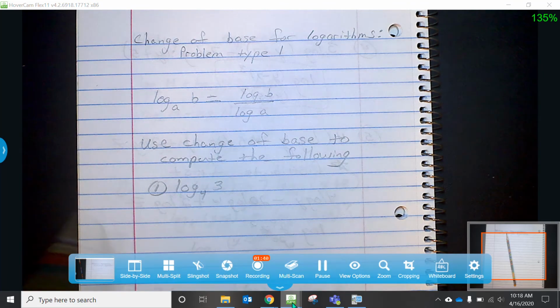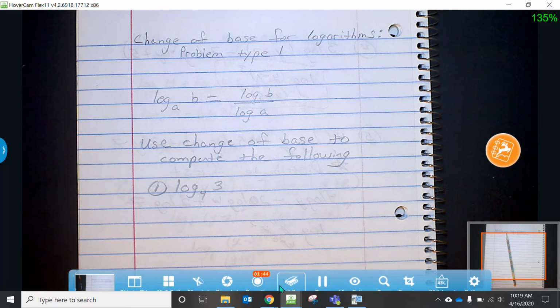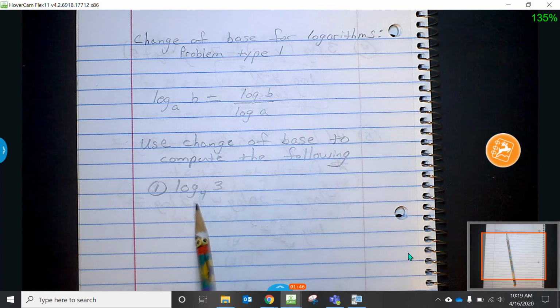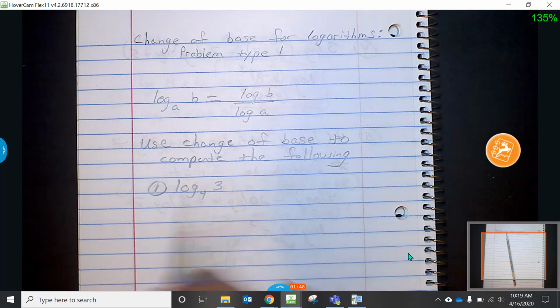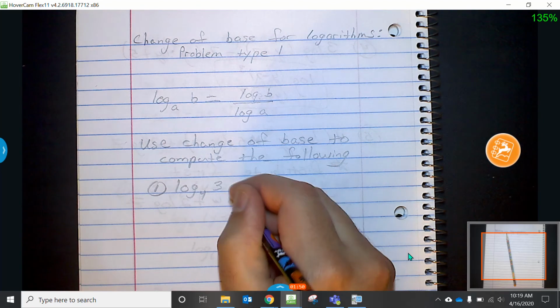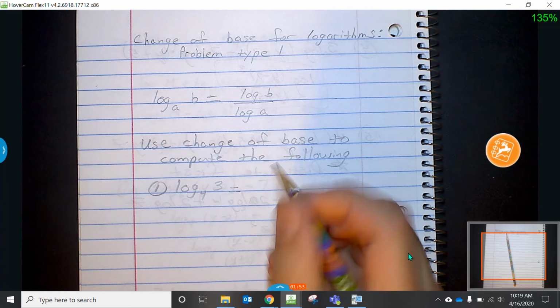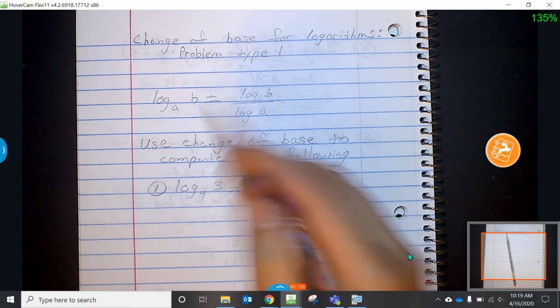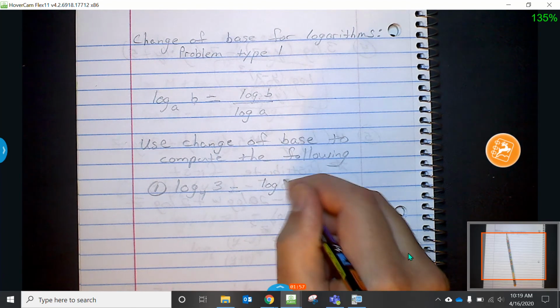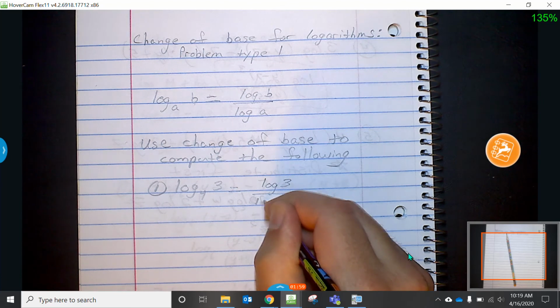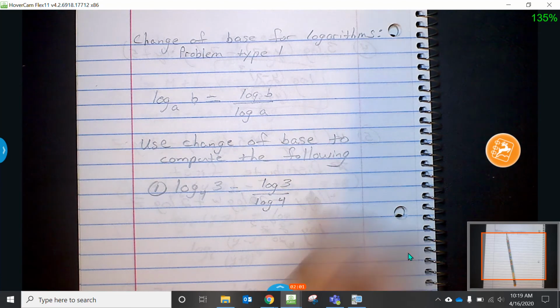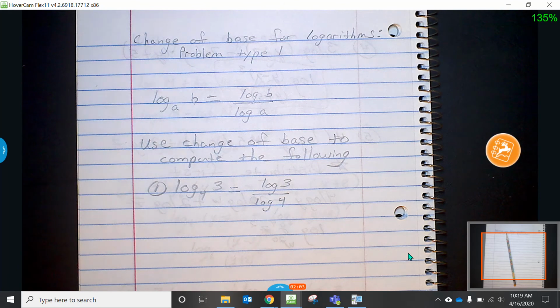Now if you have a TI, you can just type that in and be good. If you don't, what you can do is, so it's log of B, so I'm going to go log of 3 over log of 4. And you just put that in your calculator.